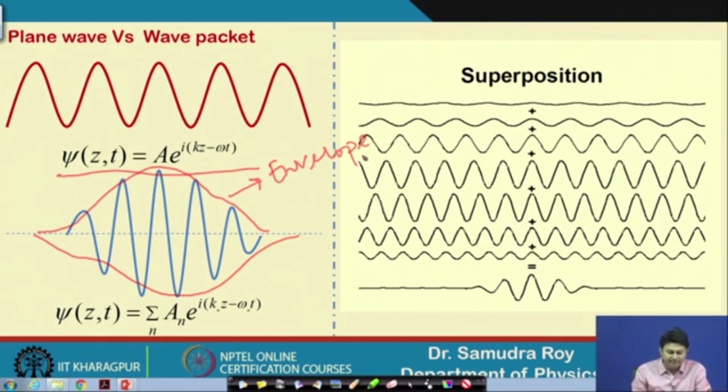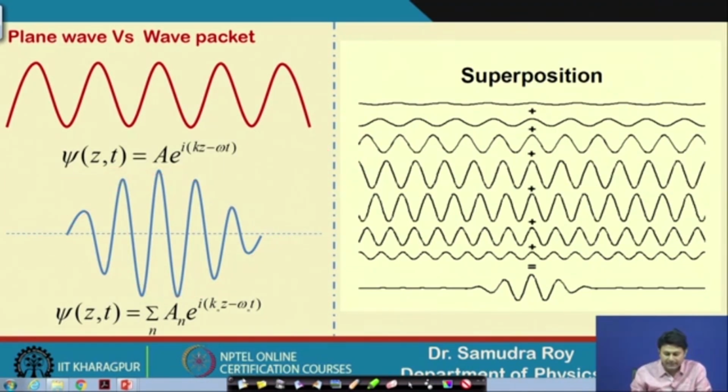On the right hand side you can see many plane waves with different frequencies. This is one plane wave, this is another, and this is another, all with specific frequencies and so on.